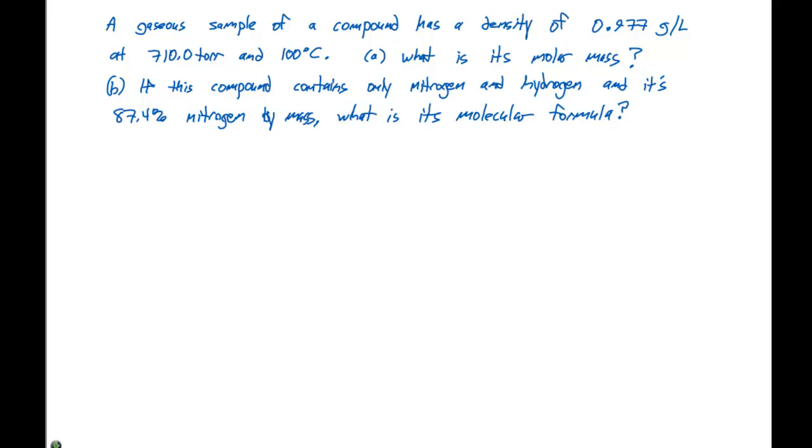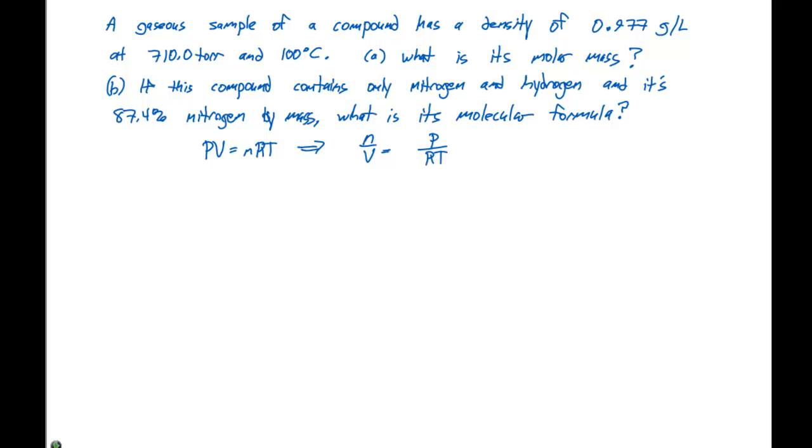So the question is, how do we go from something like PV equals nRT to density? Remember that density is typically represented in grams per liter, or some type of mass per volume. So let's take this ideal gas equation and rearrange it to say n over V is equal to P divided by RT.